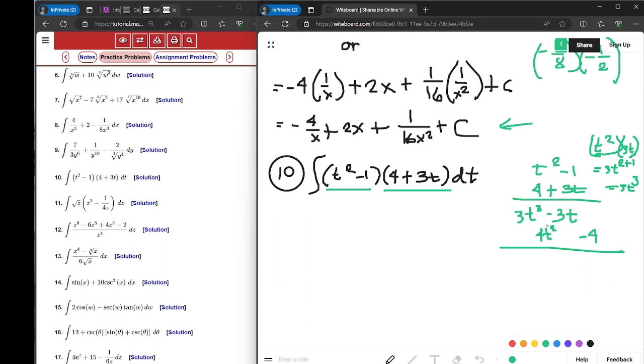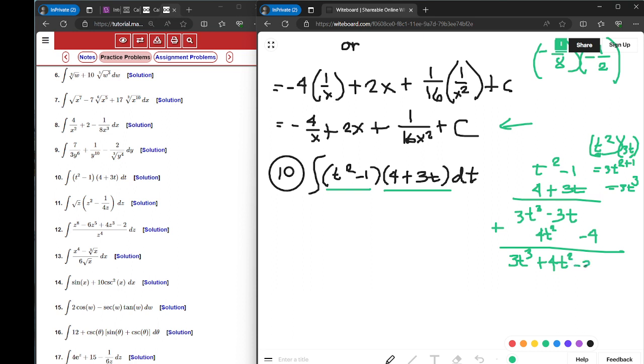If I'm going to add them, we cannot add them since they have different exponents of the variable t, so we'll just write them down. That's 3t cubed plus 4t squared. I'm arranging them from the highest exponent to the lowest exponent.